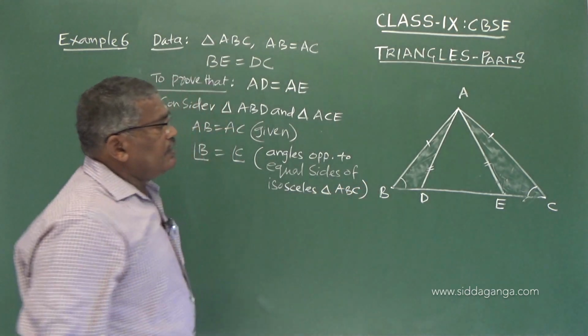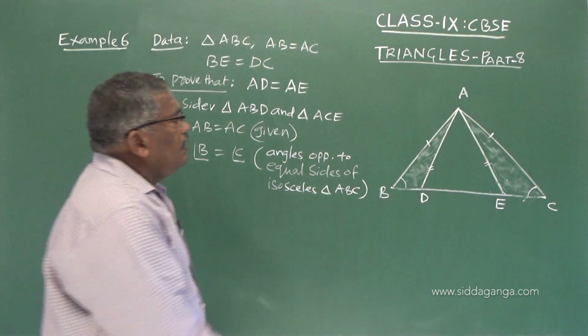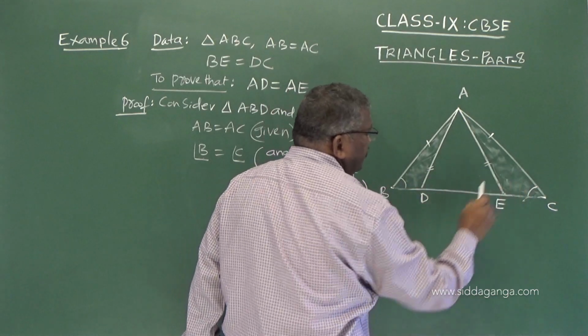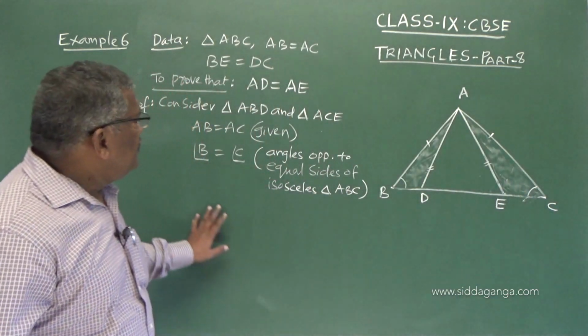ABC is an isosceles triangle, AB is equal to AC, then the opposite angles will be equal.